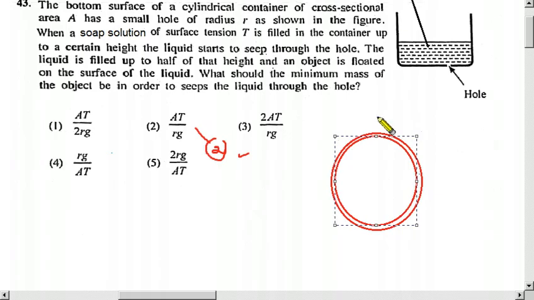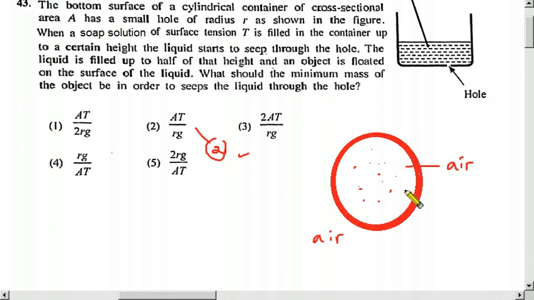So if you used that, it is wrong, because it is used for soap bubbles where the inside medium is air. If inside is filled with air and outside is air too, then you can use that equation, that means excess pressure equals 4T divided by R, not 2T.